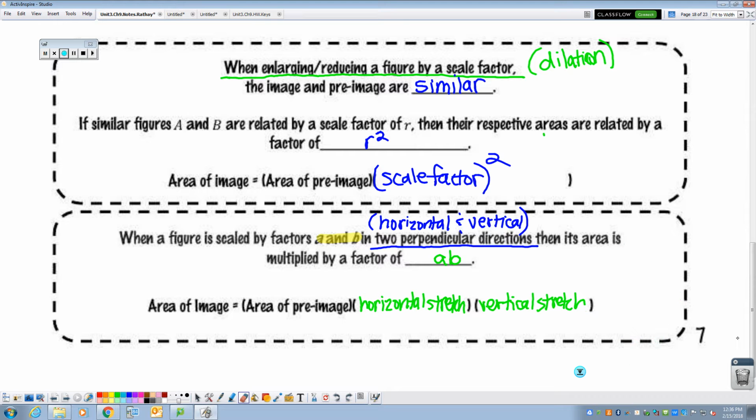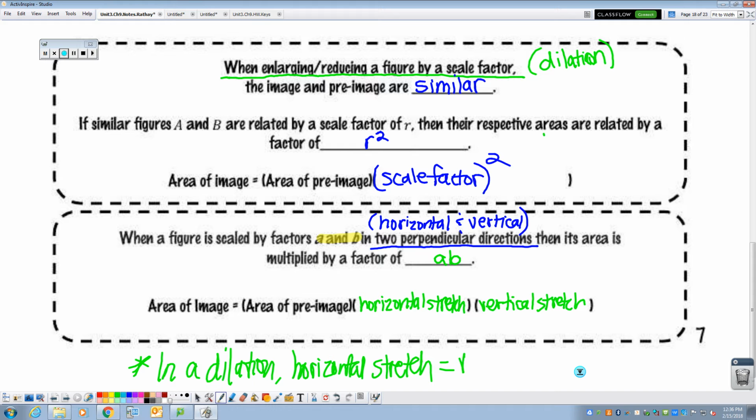And this rule actually covers us for a dilation also. In the case of a dilation, the horizontal stretch equals the vertical stretch. And that's another reason we're squaring that scale factor, is because both of these stretches are the same. So we're multiplying by the same number twice.